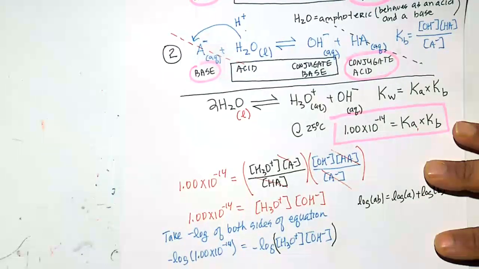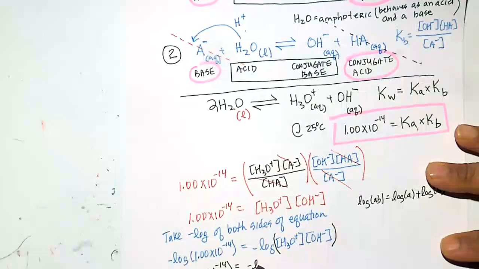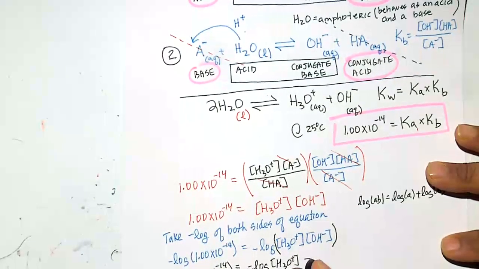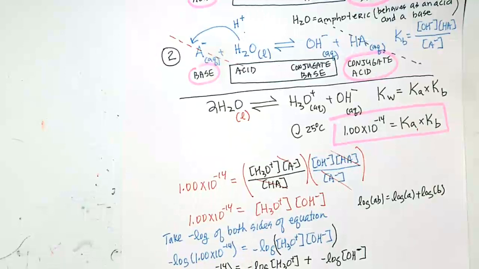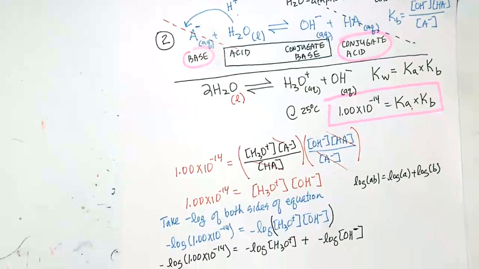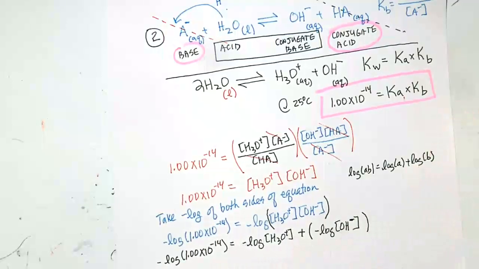Minus log of 1.00 times 10 to the minus 14 is minus log of H3O plus, plus minus log of OH minus, the concentration of OH minus. I'll put these in parentheses here.